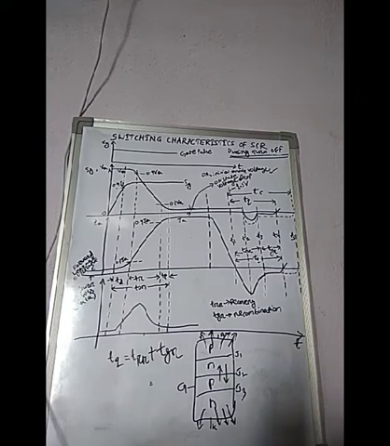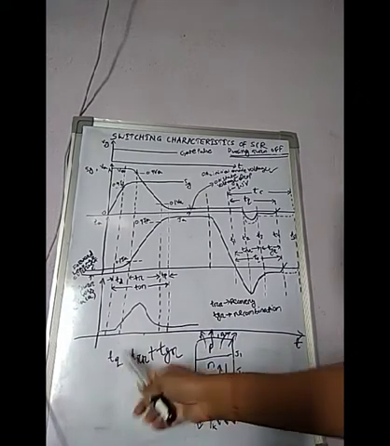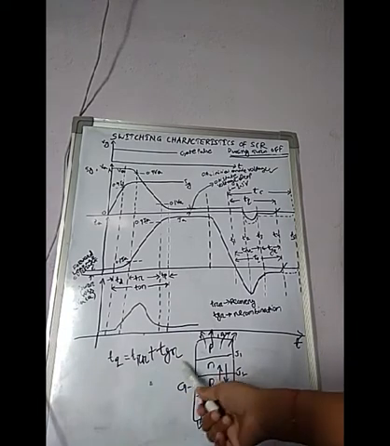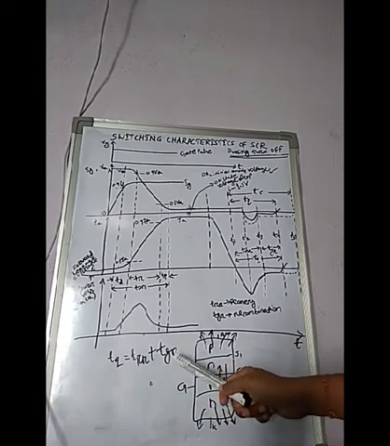So the turn-off time consists of TRR plus TGR, reverse recovery time and gate recovery time.